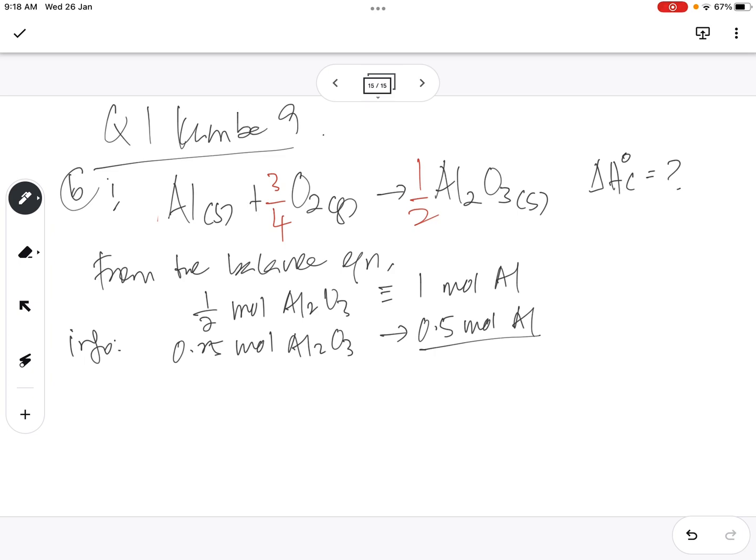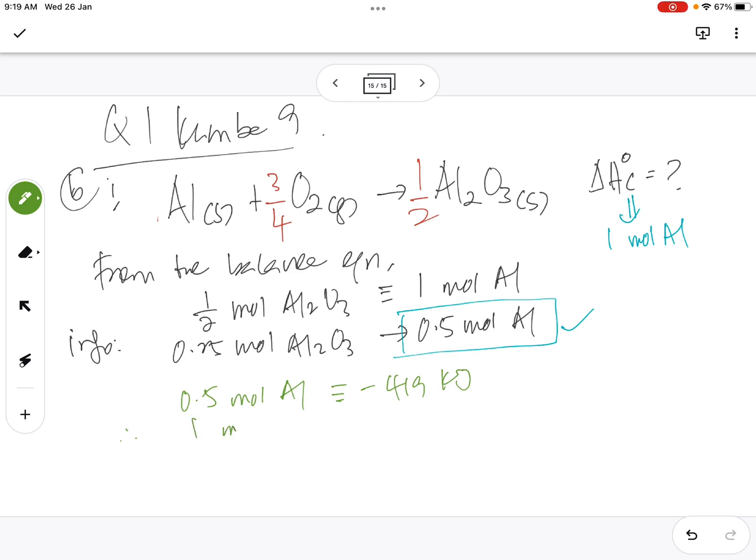So from this question, this is the mole of aluminium involved. But enthalpy of combustion must be for 1 mole of aluminium. So the next statement is: 0.5 mole of aluminium releases minus 419 kilojoules. Therefore 1 mole, because we are referring to standard enthalpy of combustion, equals negative 419 kilojoules divided by 0.5 mole.